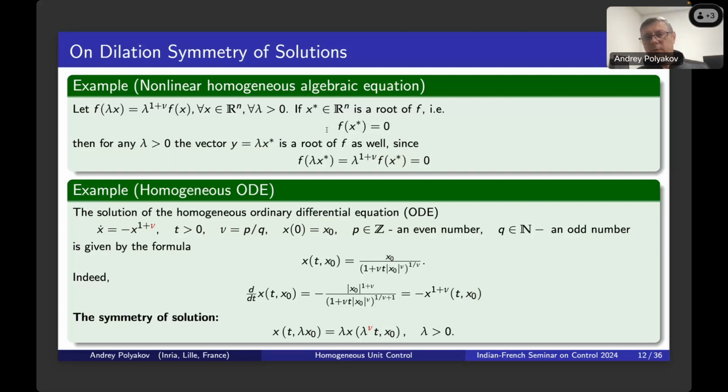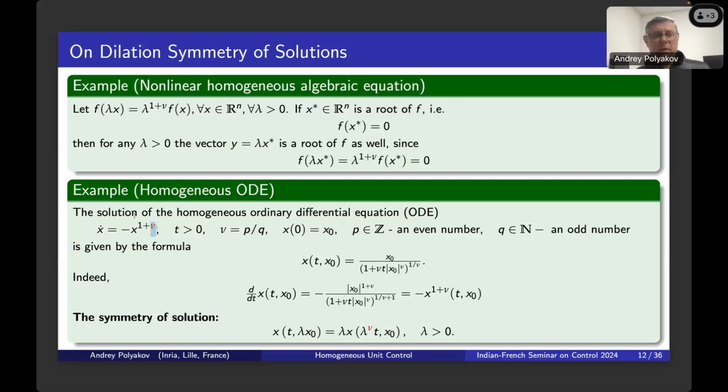So for any homogeneous function, if we have one root, we have a space of roots. Of course, this holds if x star is non-zero, but if x star is 0, then multiplication by a scalar will just give the same element.